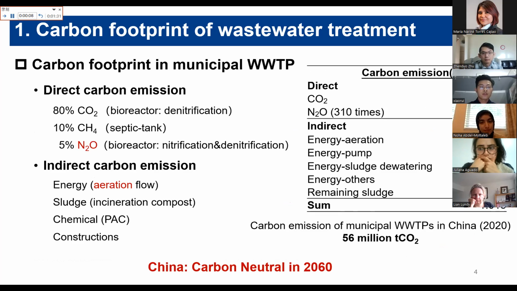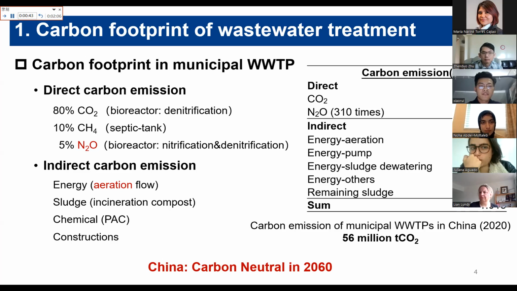In order to achieve carbon neutrality as soon as possible, it's necessary to identify the key factors of carbon emission. According to the life cycle assessment of carbon footprint in municipal wastewater plants, nitrous oxide, also called N2O, is a dominant source of direct carbon emission, and it is generated from the bioreactors, including nitrification and denitrification processes.